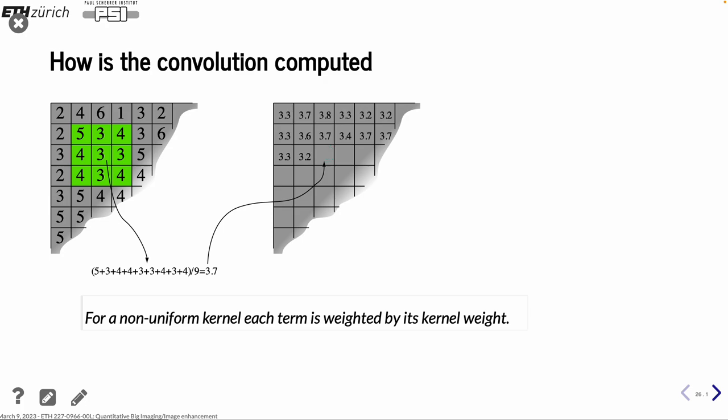One thing that I don't think I have a slide about is that usually when you choose the filter kernel, use an odd number, because if you use an even number, then you will introduce a shift in your resulting image.